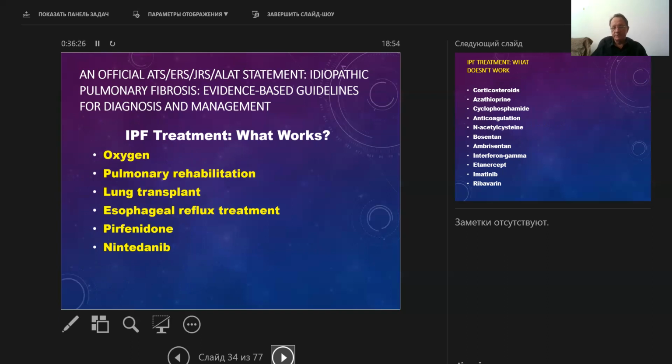It may be long-term oxygen therapy using an oxygen concentrator in home, outpatient conditions. Pulmonary rehabilitation is also very important and has a high level of evidence. But because it's an irreversible process, in the end stage we should think about lung transplantation.